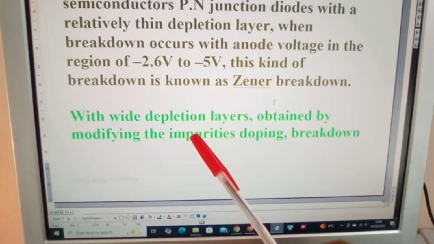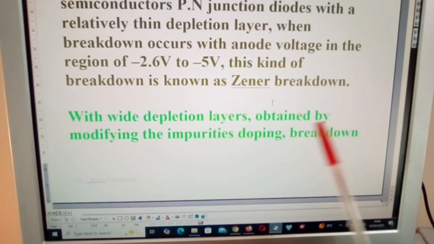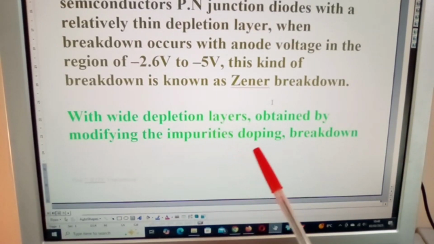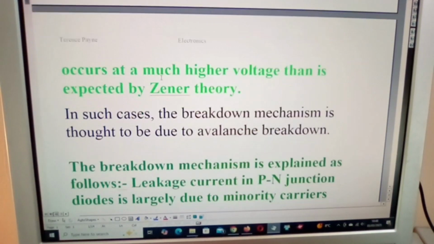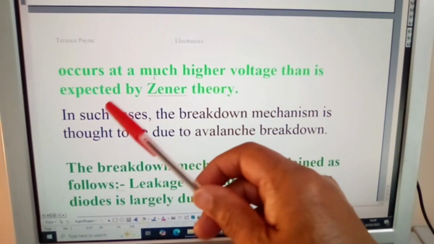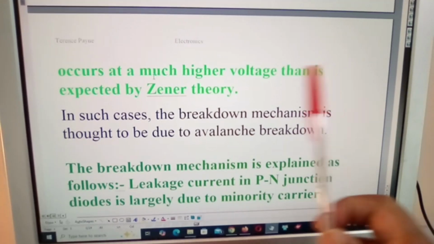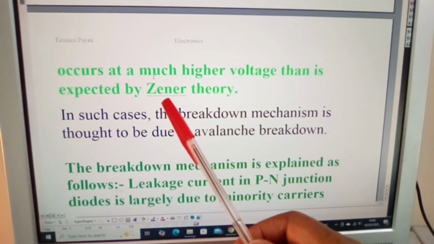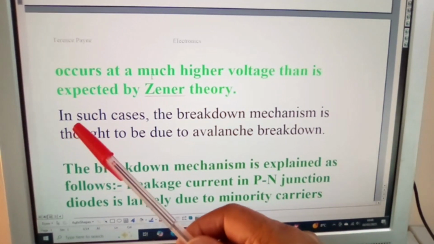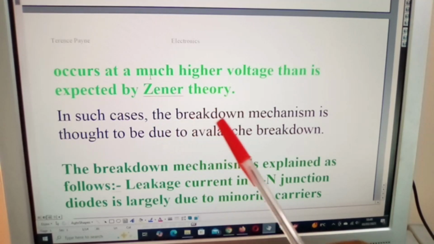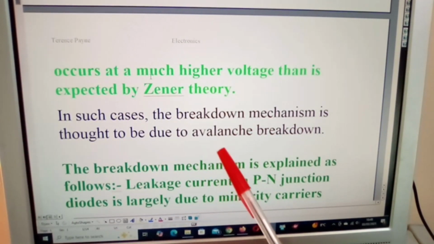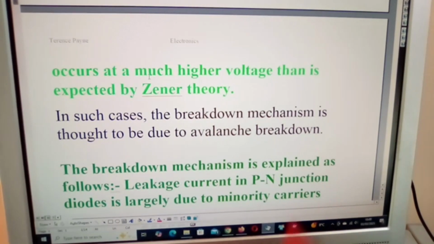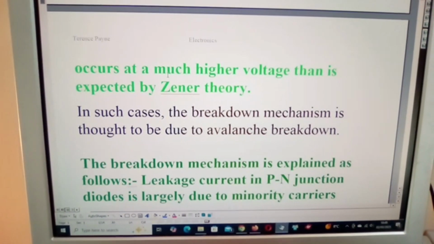With wide depletion layers obtained by modifying the impurities doping, breakdown occurs at a much higher voltage than is expected by Zener theory. In such cases, the breakdown mechanism is thought to be due to avalanche breakdown.